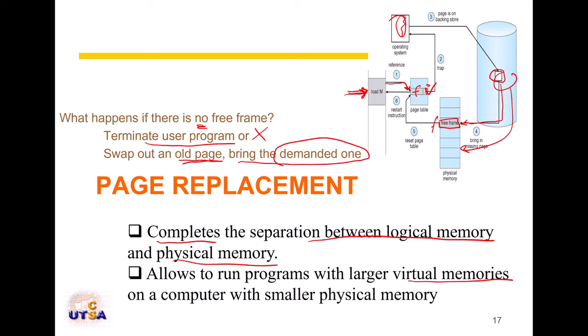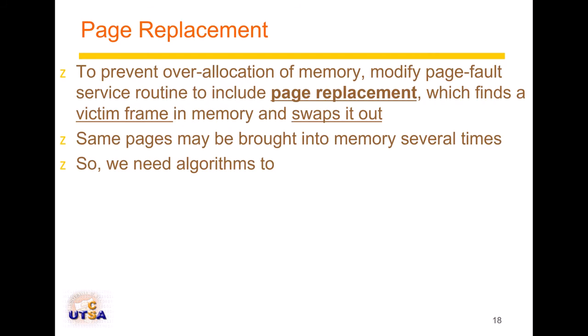Another advantage is that, even though you may have a significant amount of memory, instead of putting all the logical address space into the physical memory, we can just put a small set of these pages into the physical memory. This way we can support more programs at the same time, right? So these are the advantages of paging. Anyway, let's get back to page replacement.